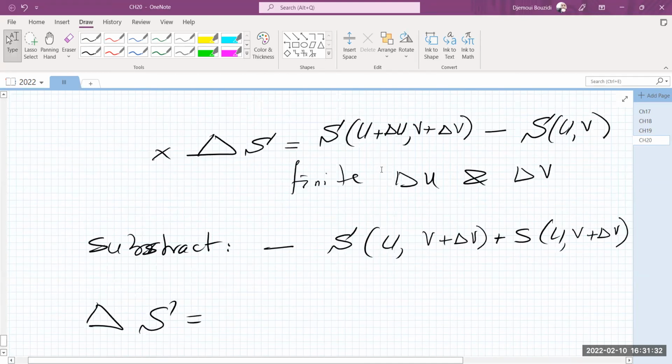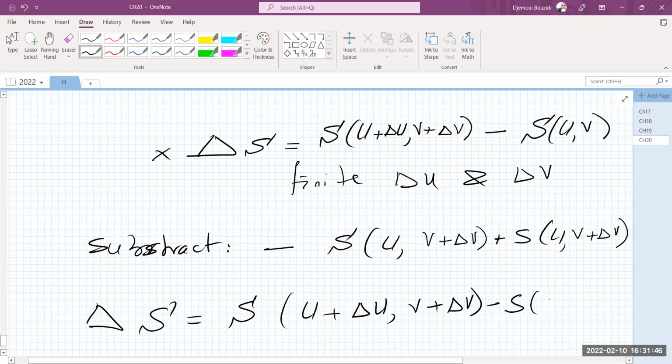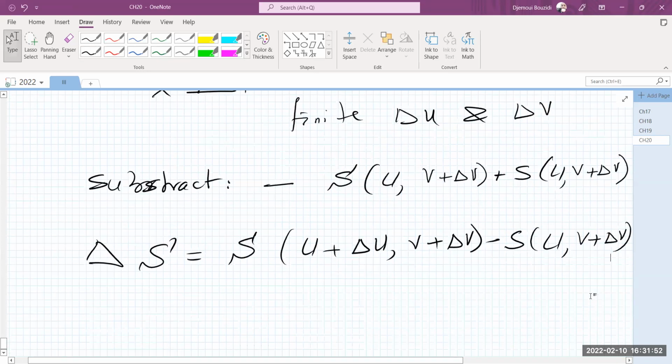let me find the upper value, which is S evaluated at U plus delta U and V plus delta V minus this number, which is S evaluated at U and V plus delta V. So since I subtracted this number, I better add it quickly before I forget.